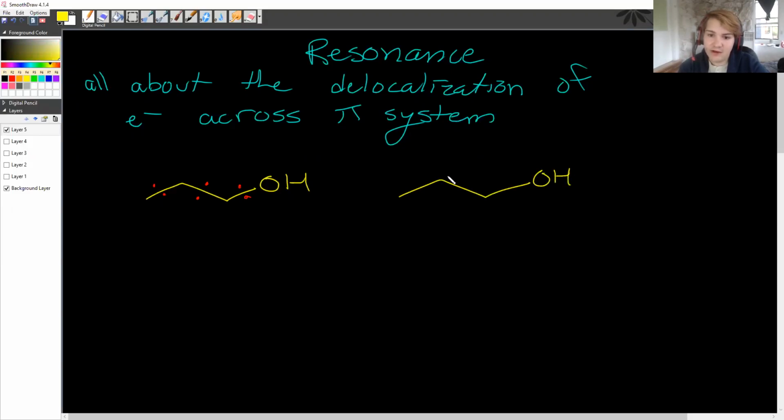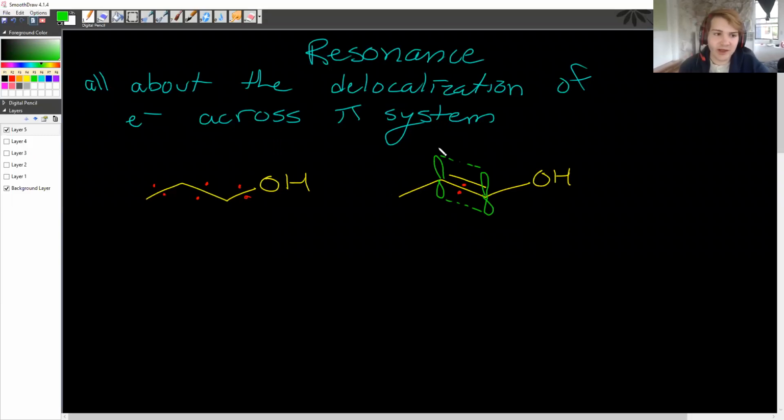if you have a double bond, what's happening is that you have your usual shared electrons that are part of the single bond, but then what's interesting is that you have this pi bond, which we write as these little bunny ears. And these electrons here are not really locked in place.